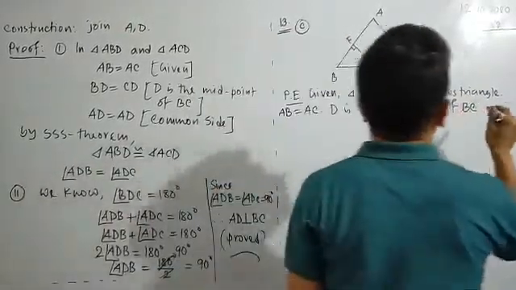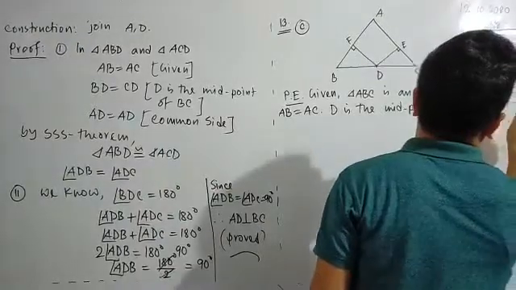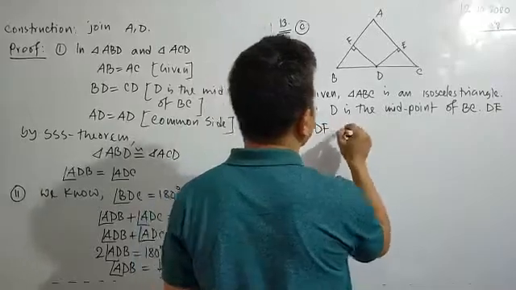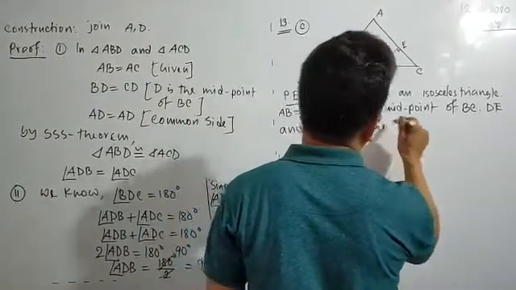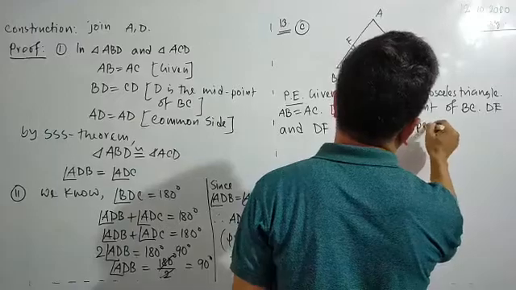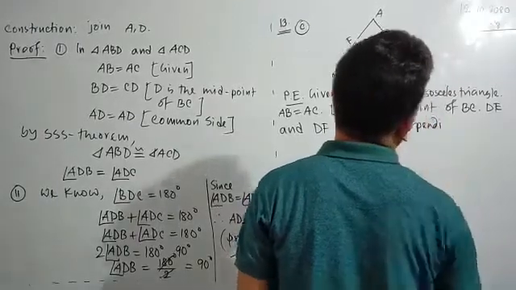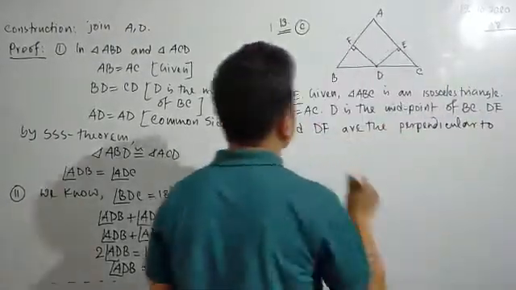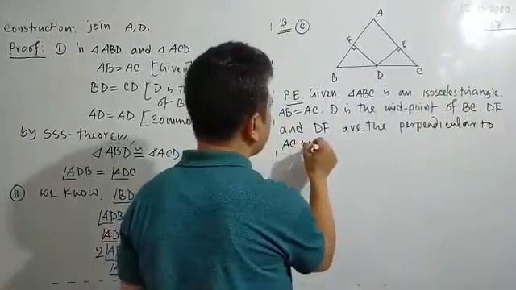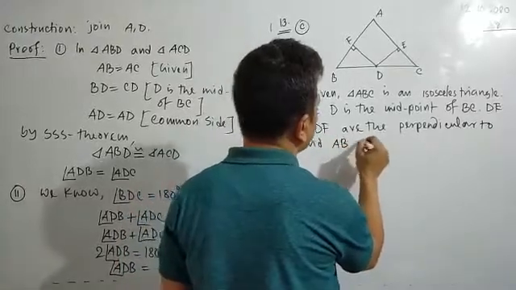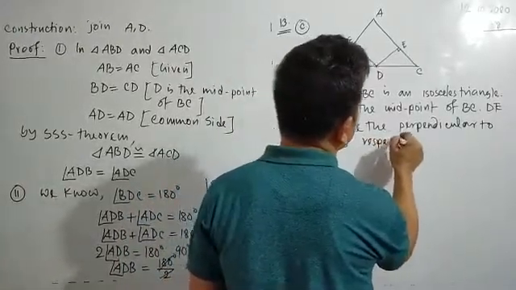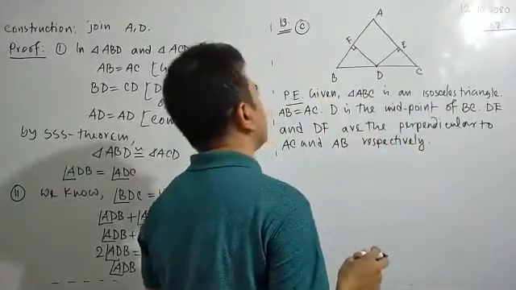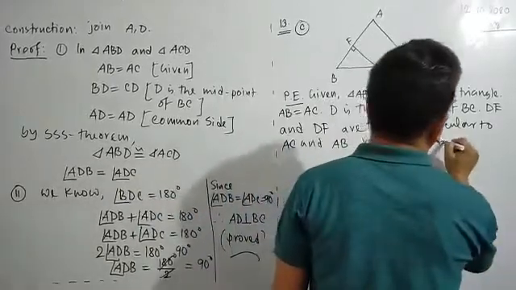DE and DF are perpendicular to AC and AB respectively.